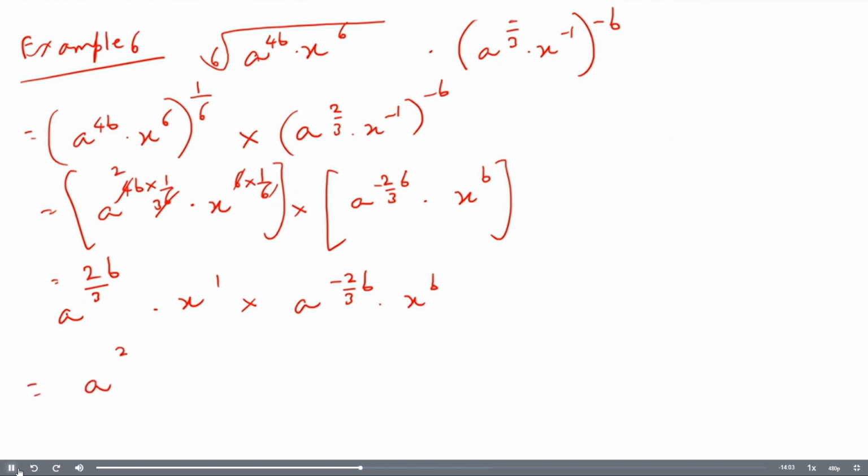A to the power 2 by 3b minus 2 by 3b into x to the power 1 plus b. A to the power 0 into x to the power 1 plus b. It is 1 into x to the power 1 plus b. It is x to the power 1 plus b. That's the answer.